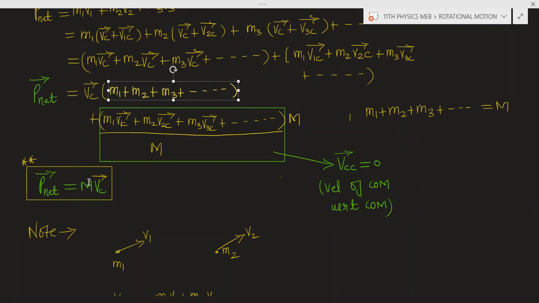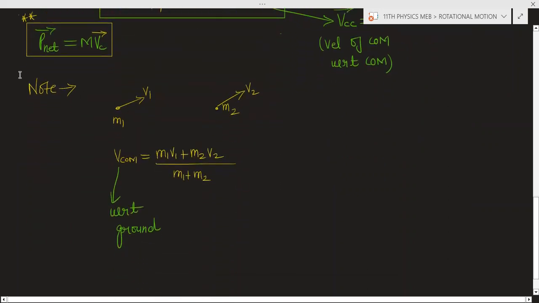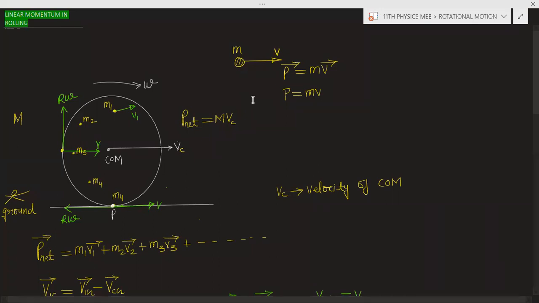Yes, sir. Okay, now you have to practice this derivation one or two times, then you will understand it more clearly. Okay, write down. This is the most difficult chapter in physics.